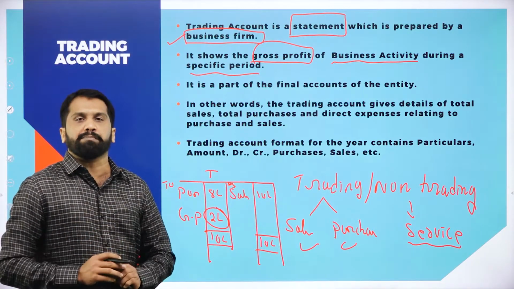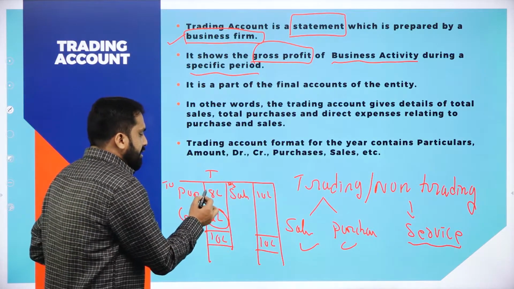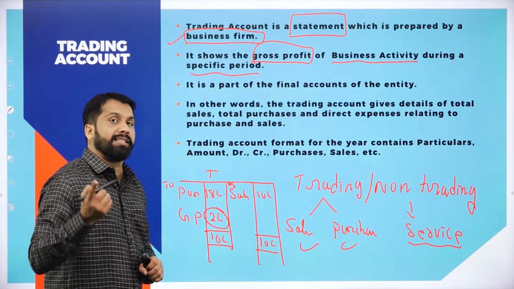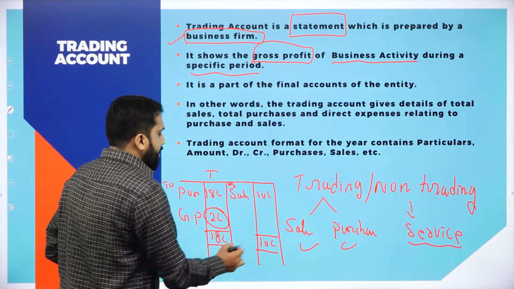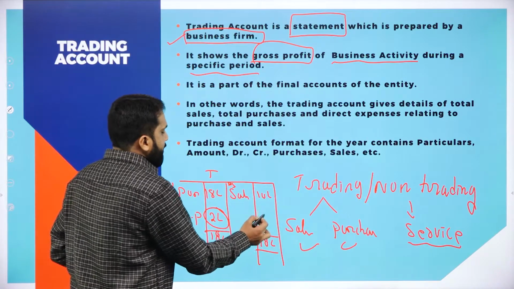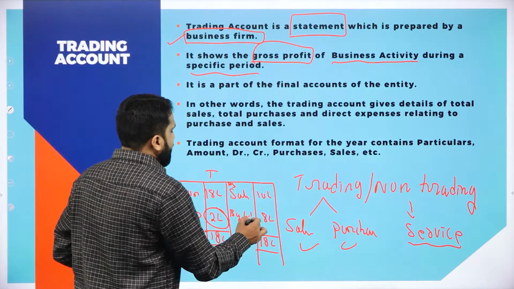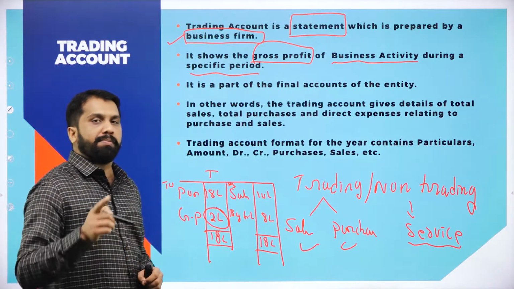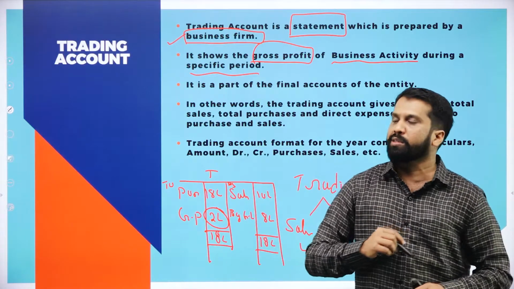Now, for example, your sales is 10 lakh, but your purchases are 18 lakh. Then what will happen? Yes, 18 lakh will be the higher value. So 18 lakh minus 10 lakh, 8 lakh will be your gross loss. Clear? It might be gross profit or else it might be gross loss.